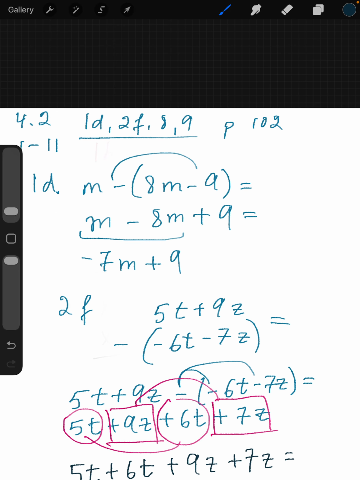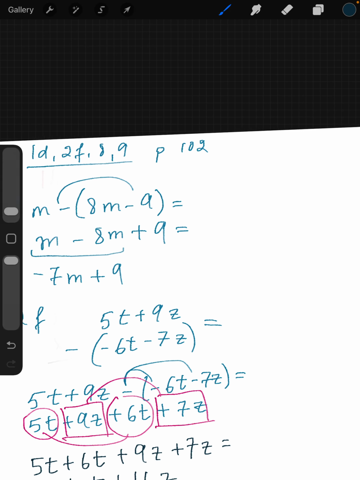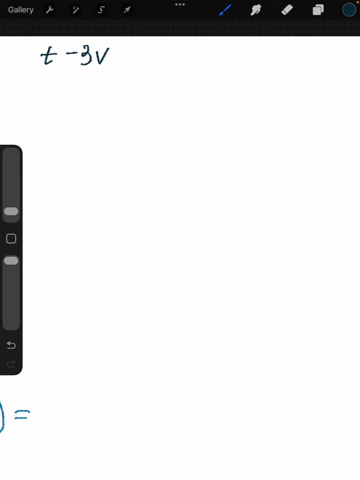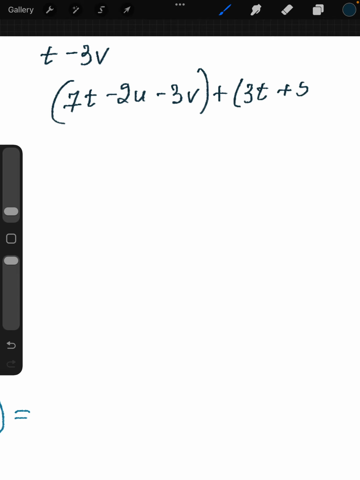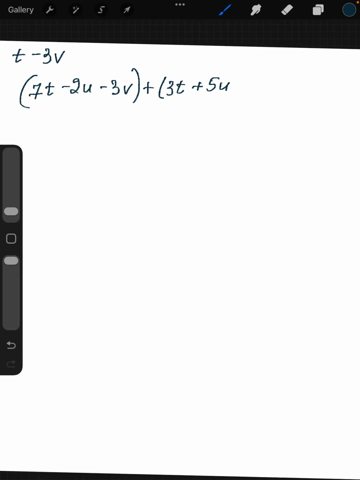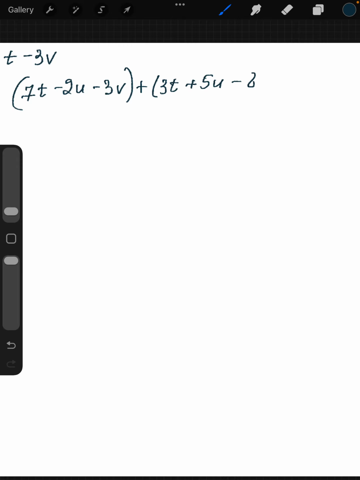So that's 2F. Next one on our agenda is number 8 on page 102. Number 8 states, subtract t minus 3v from the sum of 7t minus 2u minus 3v and 3t plus 5u minus 8v.